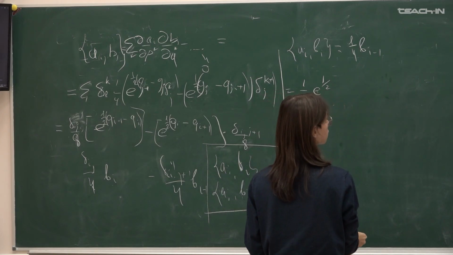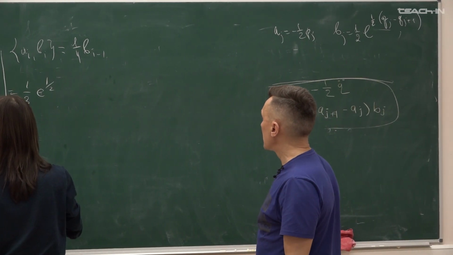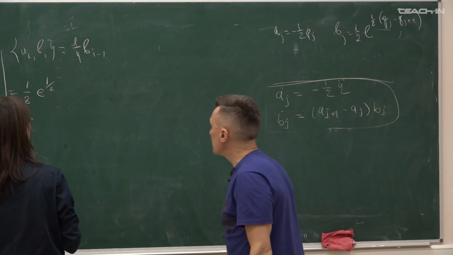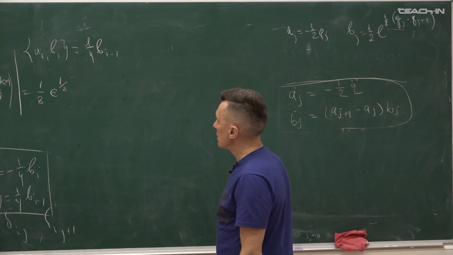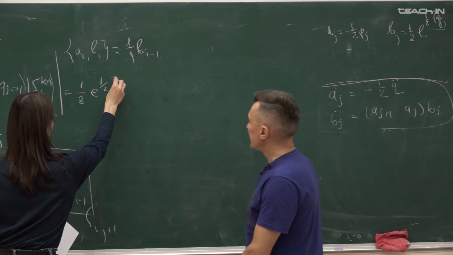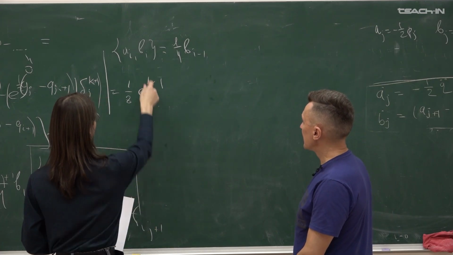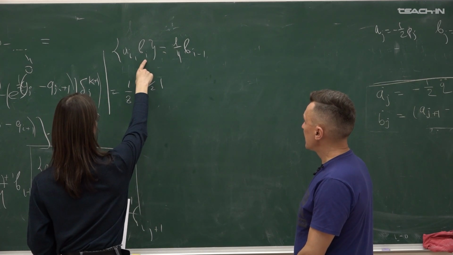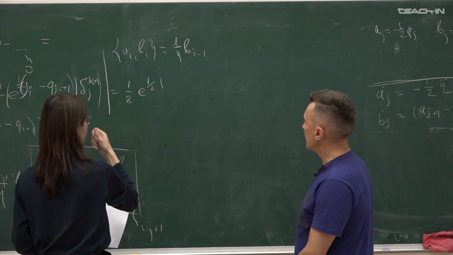AI is minus 1 over 2 pi. Sorry? I've already substituted the indices. I'm calculating this part and this one. I'm already taking the Kronecker.